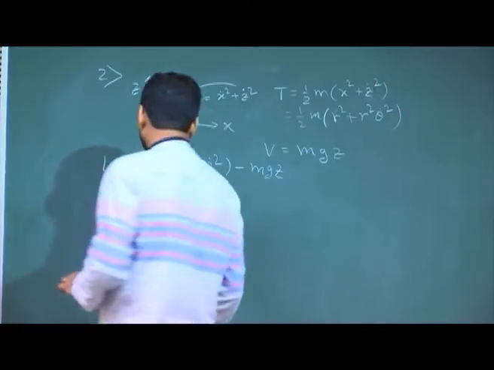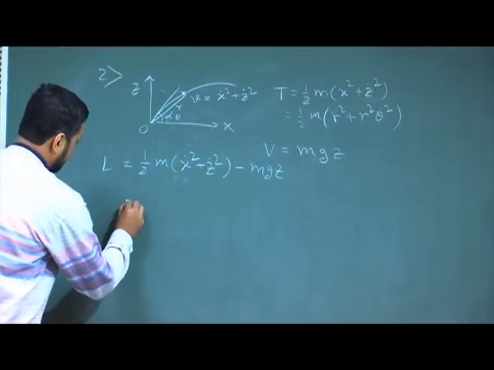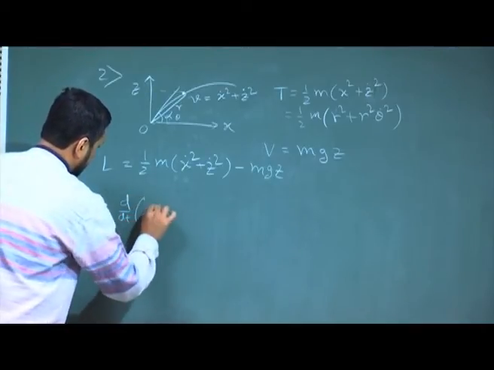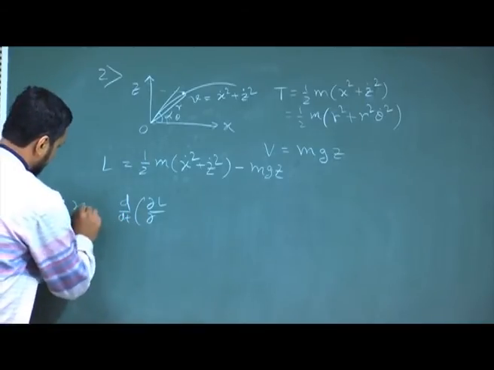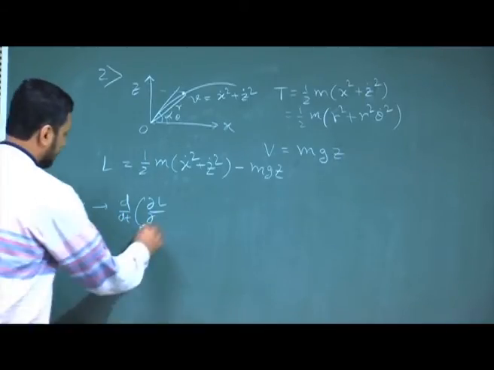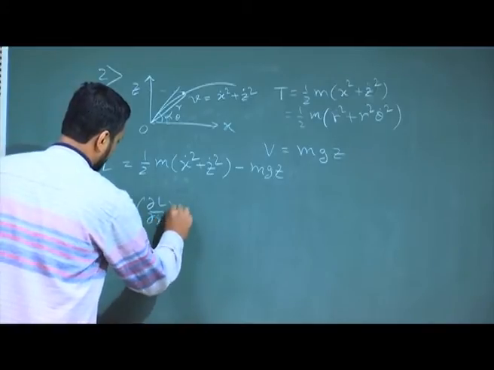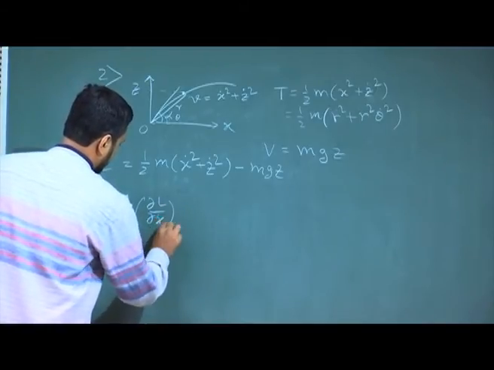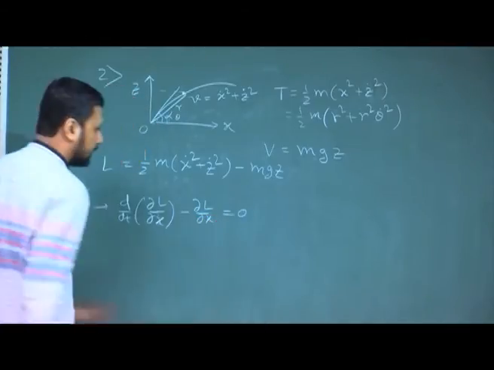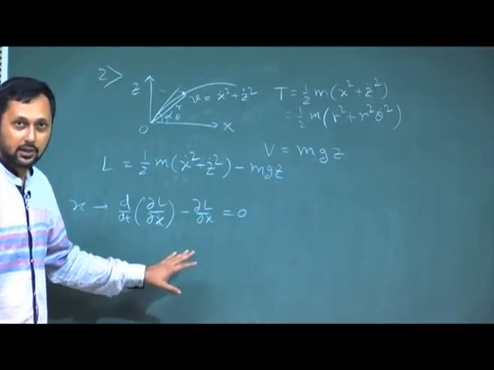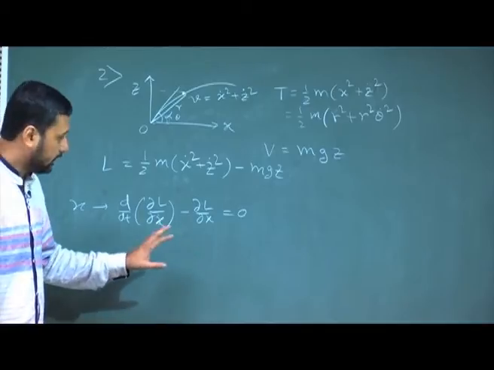Okay. So, the equation of motion will be damn simple: d dt of del L del x dot minus del L del x equal to 0. There will be two equations, one for x and one for z. Let us start with the x equation first. There are no dissipative forces present. We have not included air resistance.